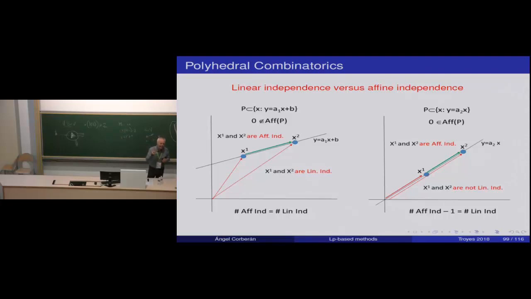This is not nice. And then it's always the number of affinely independent vectors minus 1. This is the only reason for working with such an exotic definition.